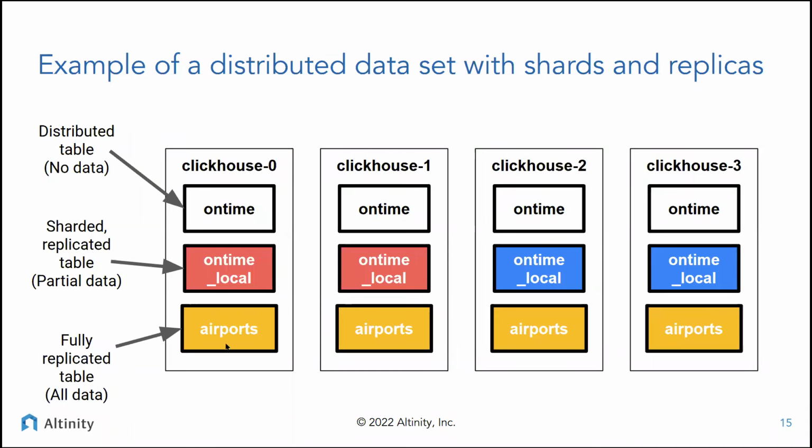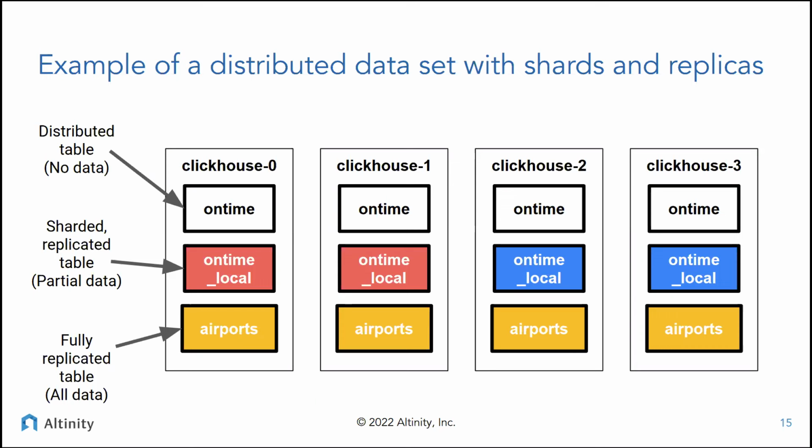It's sometimes useful in queries to look up airport names, which isn't in the on-time data. So we have a fully replicated table called airports that has airport data, including the full name of the airport that the politicians assigned to it, as well as the exact latitude and longitude, stuff like that. And because that's a useful table and not very big, we replicate it across all copies.